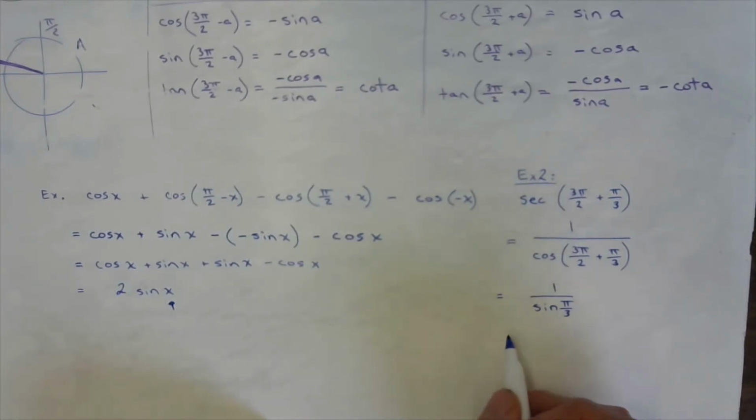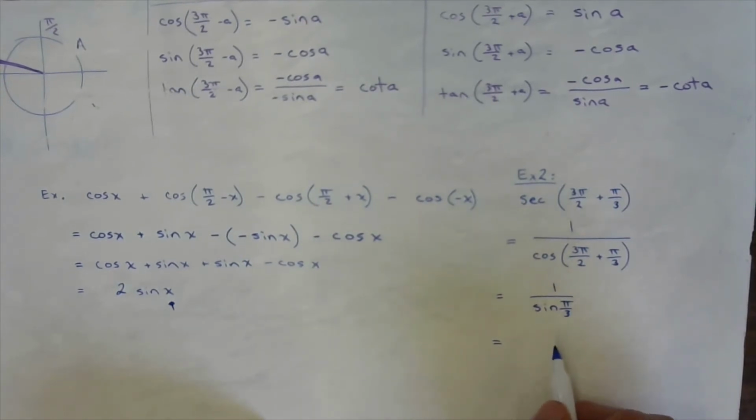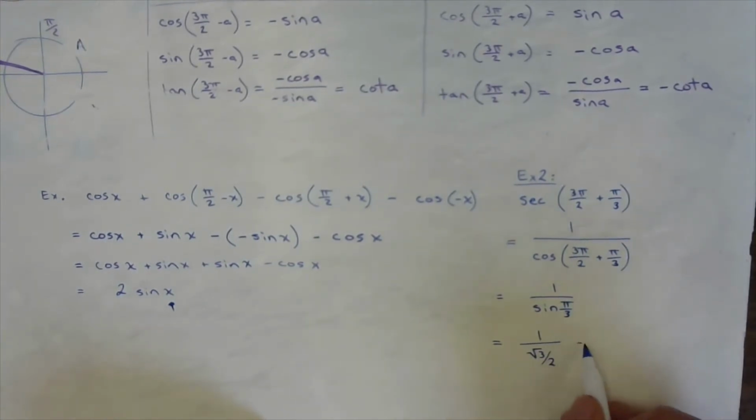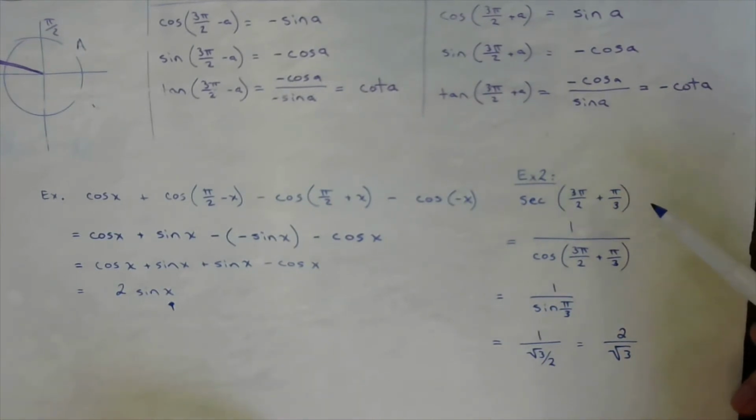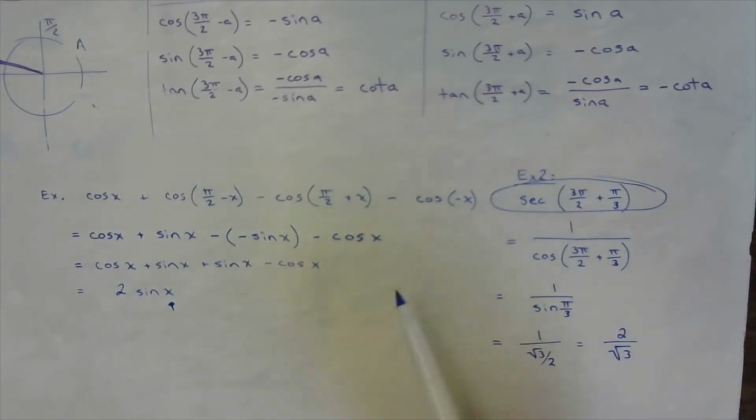You have the exact values memorized, at least close to memorized, or you will by tomorrow maybe. The exact value of sine of pi over 3 is radical 3 over 2. So our numerator is 1, and our denominator is radical 3 over 2, which reduces to 2 over radical 3. So using our correlated angle identities, we were able to reduce, simplify and actually find the exact value of this awkward statement.